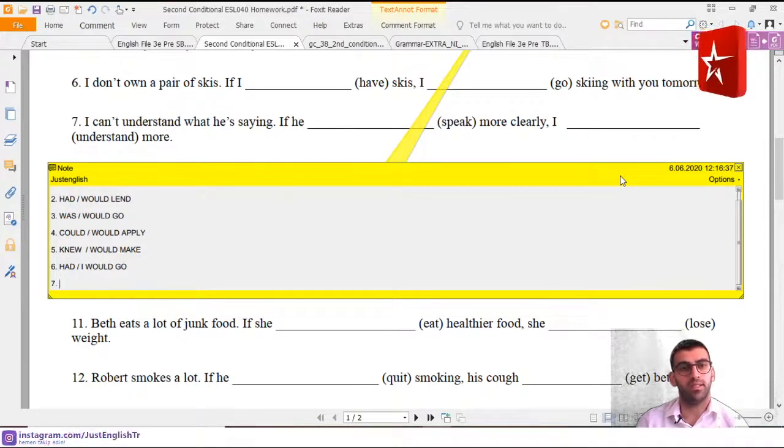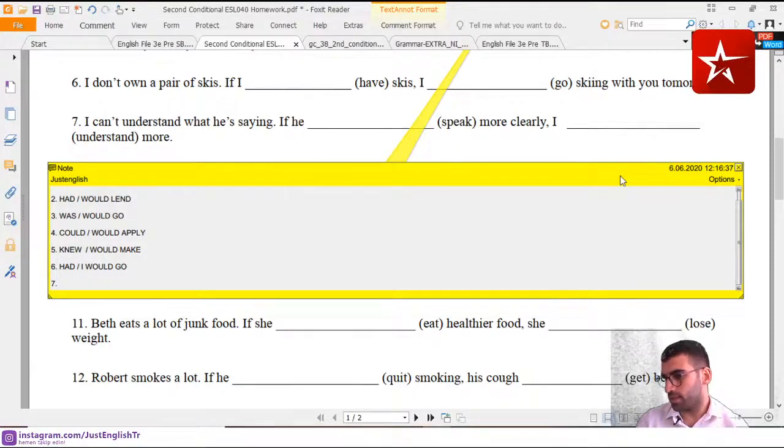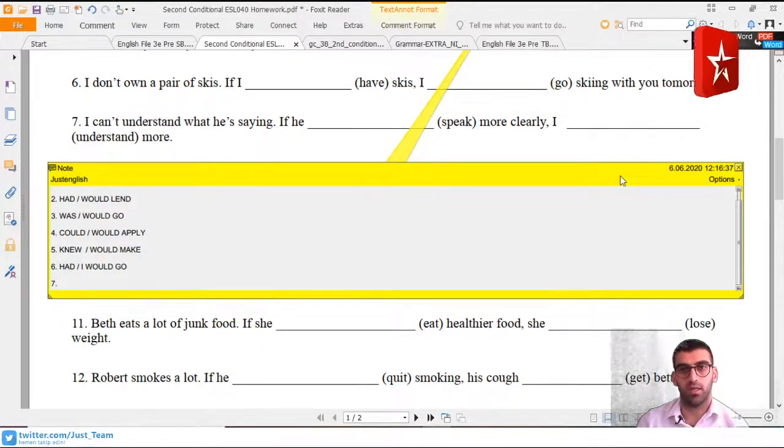I can't understand what he's saying. If he blank more clearly, I blank understand, or I don't know which one. I am waiting for your answers to this question. Sıla says, spoke and would understand. Speak, spoke, spoken.